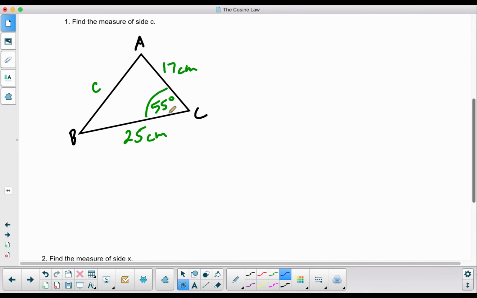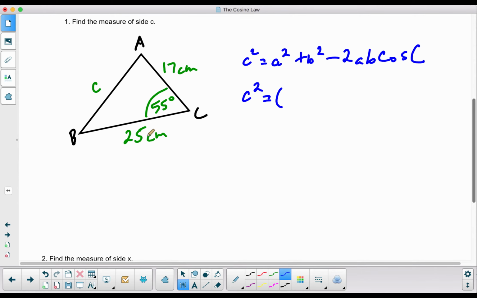Okay, so we know this one angle. We start the formula off with the side opposite. So in this case, it's c squared. So c squared equals the other two sides squared minus 2, whatever these two letters are here, 2ab cosine c. Okay, fill in what you know.